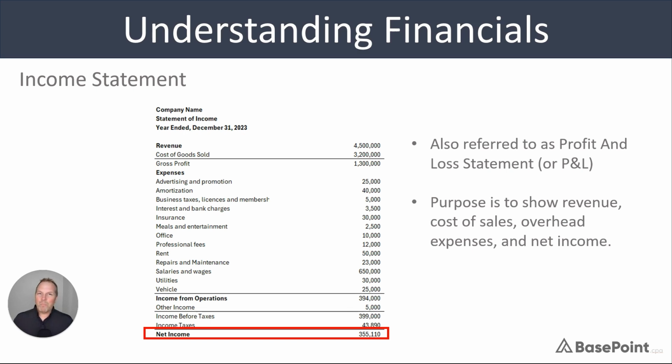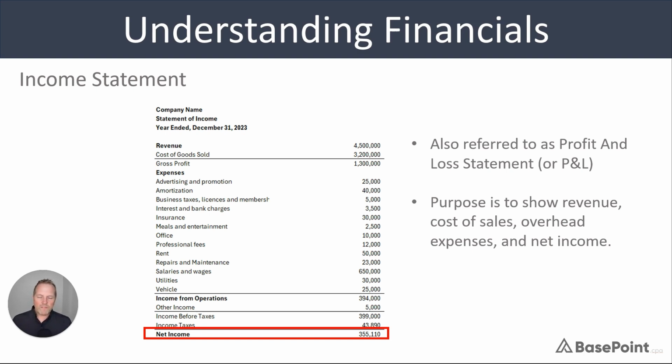That's where the term bottom line comes from, right? Bottom line income. What's the bottom line? It's because net income is on the bottom line of your income statement. Okay, so net income is essentially how much money the company made at the end of the period that we're looking at, typically like a year, for example.